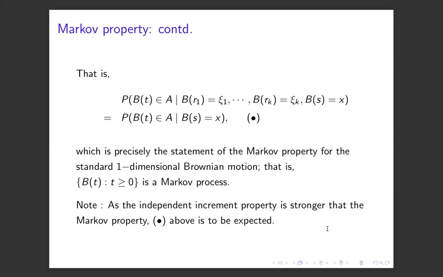In other words, this is something intuitively obvious, that the increment property is stronger, therefore the Markov property should hold. But what we have done is basically to take care of all the nuts and bolts, and prove it using that theorem which we had proved last class. It is a simple derivation using that.